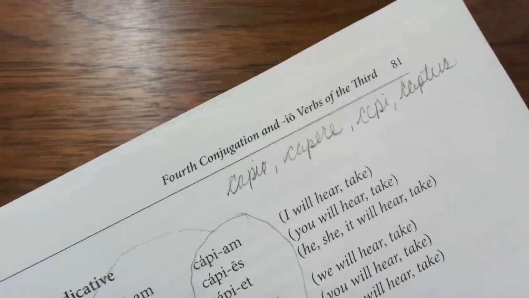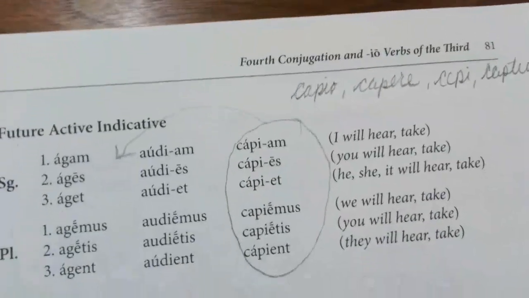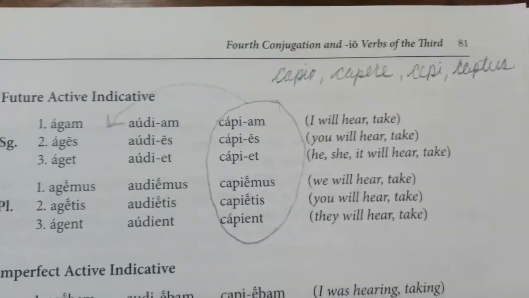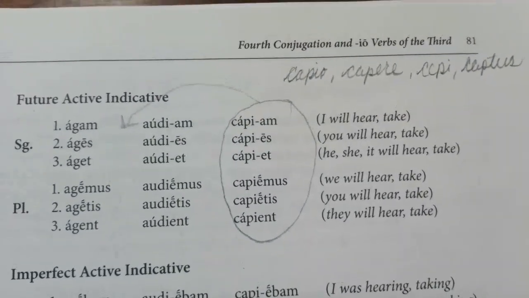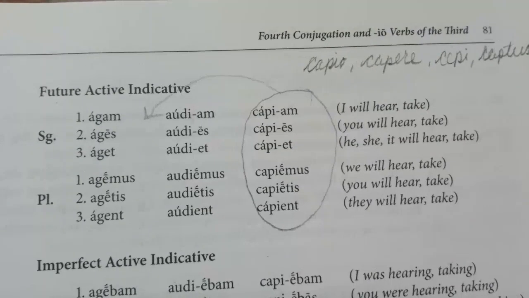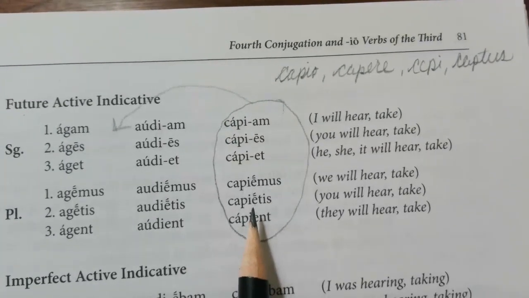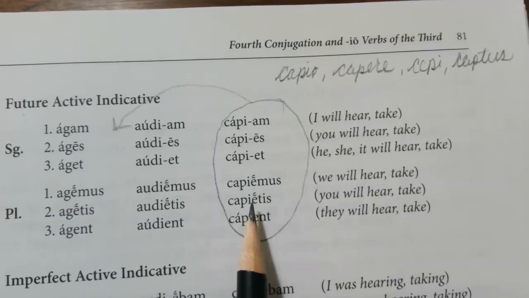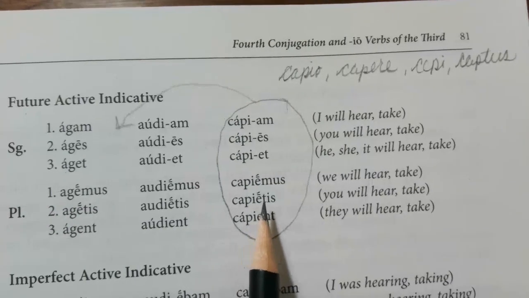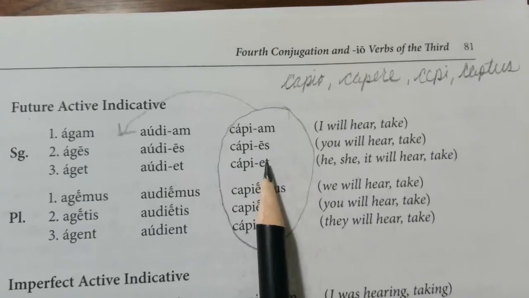All right, and that's just there. I realize that's on the opposite page, but my page is folded under. All right, so capio, capere, cepi, captus. This is our third conjugation verb, pretending or wanting to be an IO verb, okay? So he's gonna try to trick us here.